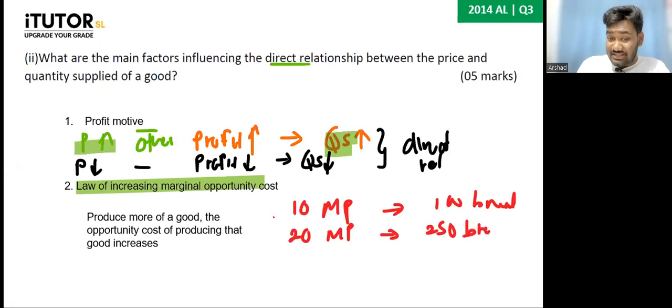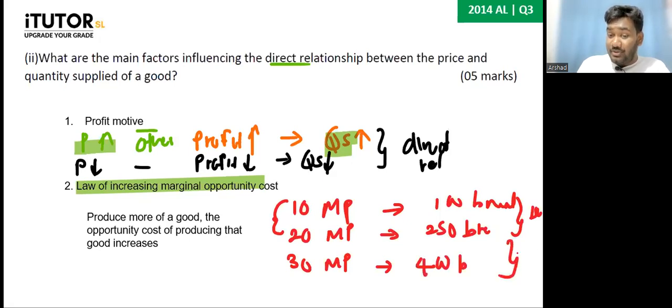That means just to produce this second 10, your opportunity cost has now gone to 150. Let's say to produce 30 mobile phones, your opportunity cost is now 450 loaves of bread. So now your opportunity cost for this third 10 is 200 loaves of bread. So what is happening? The more and more you produce, your opportunity cost also increases.